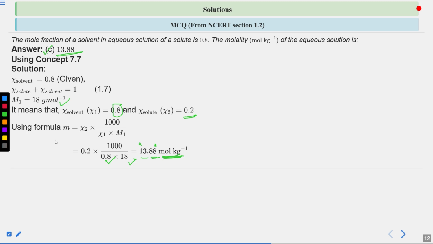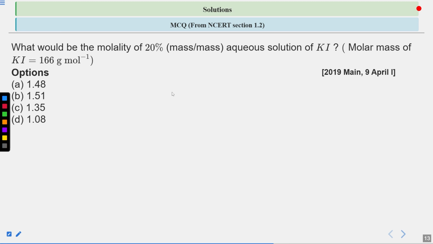Okay. Moving on to the next question. This question is also from NCERT section 1.2 in the chapter Solutions. The question asks: what would be the molality of a 20% mass by mass aqueous solution of potassium iodide, KI?